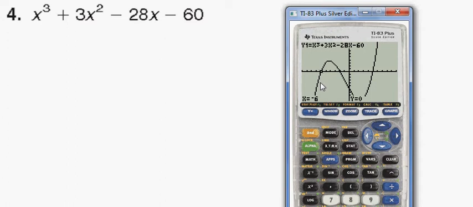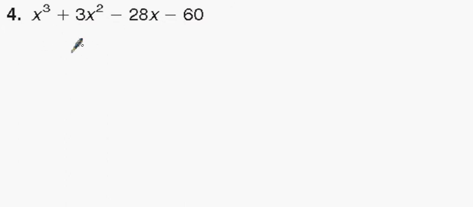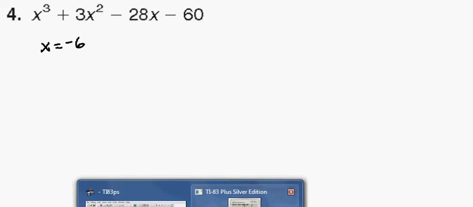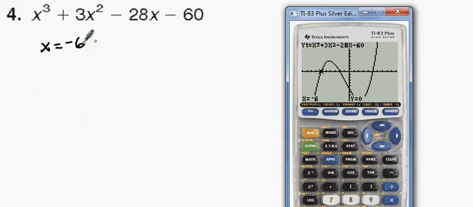Matter of fact, let's just write that in. So I know that one of my roots, x, is negative 6. Okay? So x equals negative 6. We also know that another one of the roots, let's take a look over here, looks like negative 2, but we can verify that if I hit trace and then I go negative 2, hit enter, I get another 0.